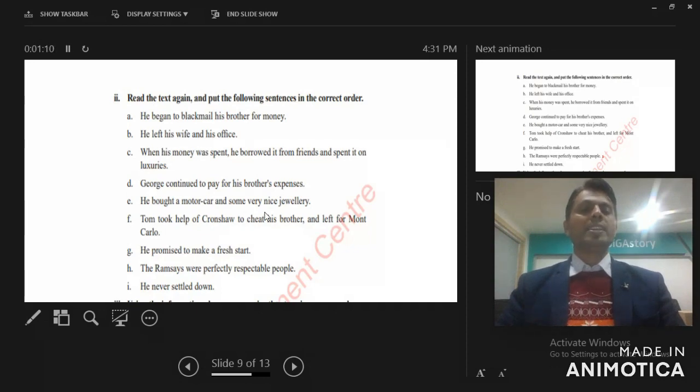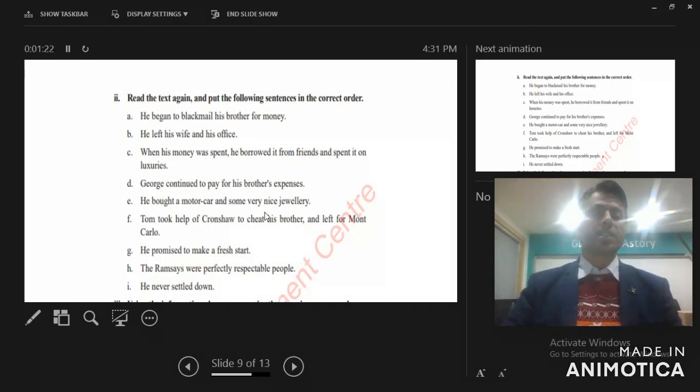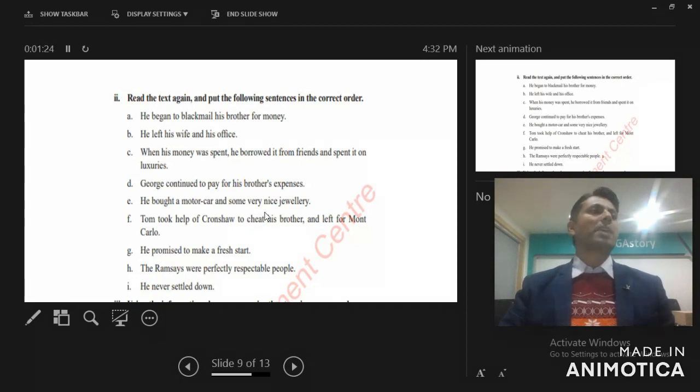So today, read the text again and put the following sentences in the correct order. Now look at number A to number I on the screen very fast. Out of these many sentences, which sentence comes first in the reading text in your book?